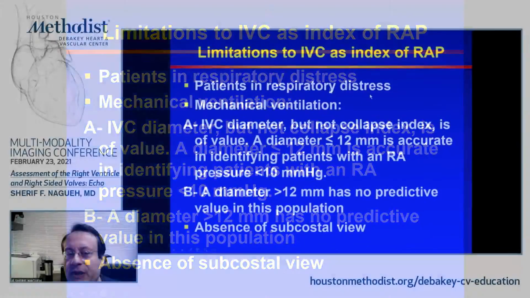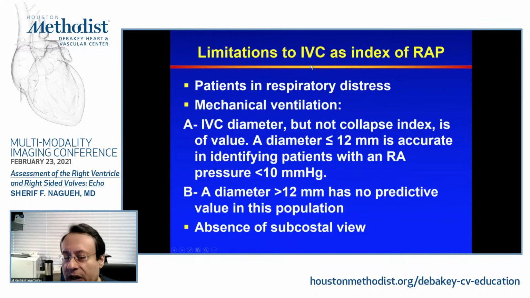Which takes us to the limitations of relying on the IVC as an index of right atrial pressure. It's in patients who are in respiratory distress, because you want them to cooperate with you, spontaneous respiration, sniffing, and so on. Patients who are on mechanical ventilation, pay more attention to the diameter, but not the collapse index.